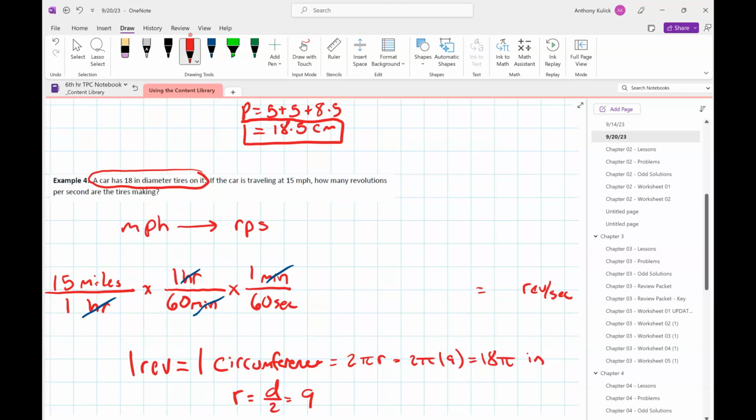Everybody's okay with what I've done there? So in order to apply this ratio, I need my length unit to be in inches, correct? Right now it's in miles, so I just have to convert miles to inches and I'll be ready to apply that. How far is 1 mile?